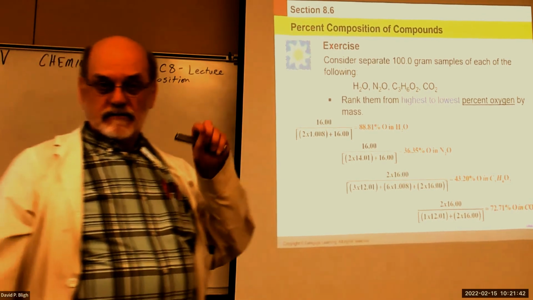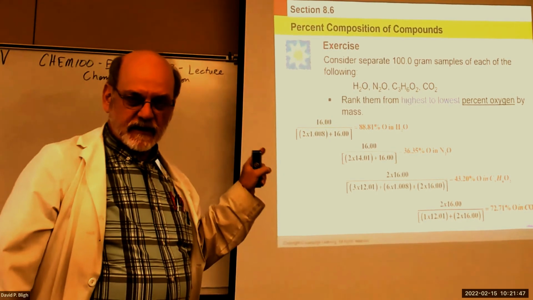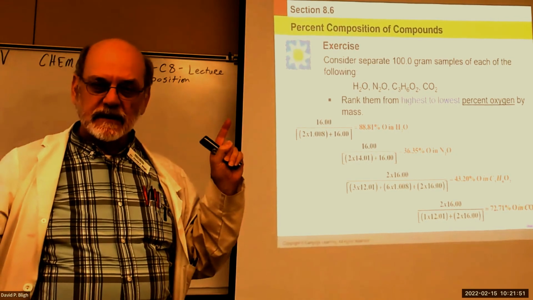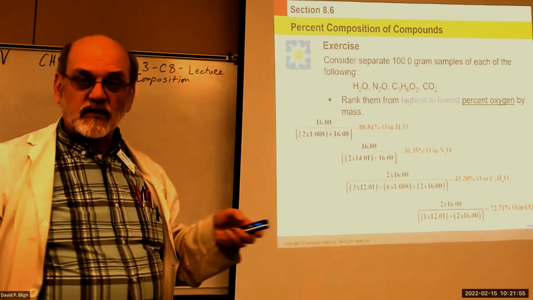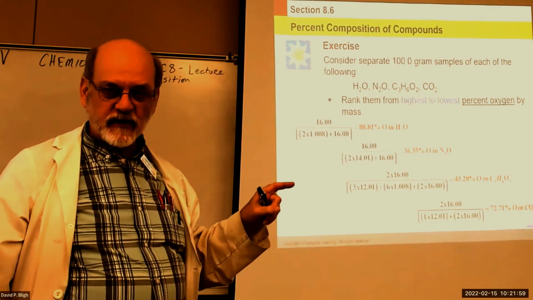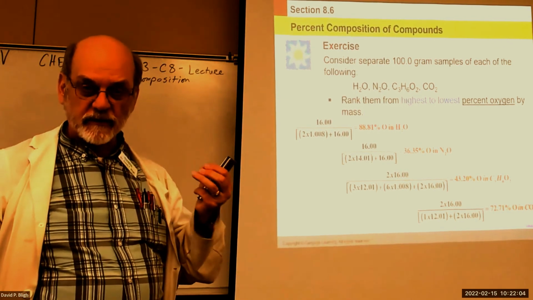Now, looking back to laws of chemistry, we know that this percentage of oxygen will always be the same for water. No matter where the water comes from, it'll always be 88.81% oxygen in pure water.